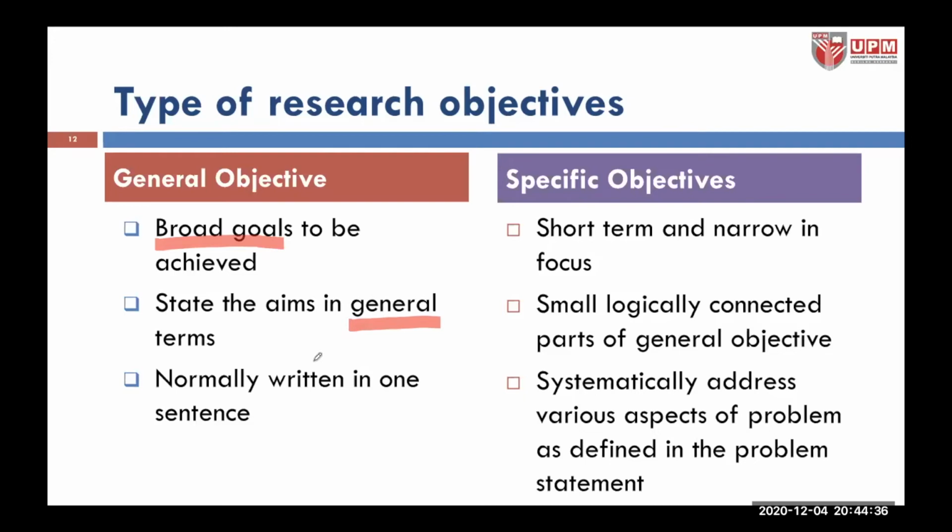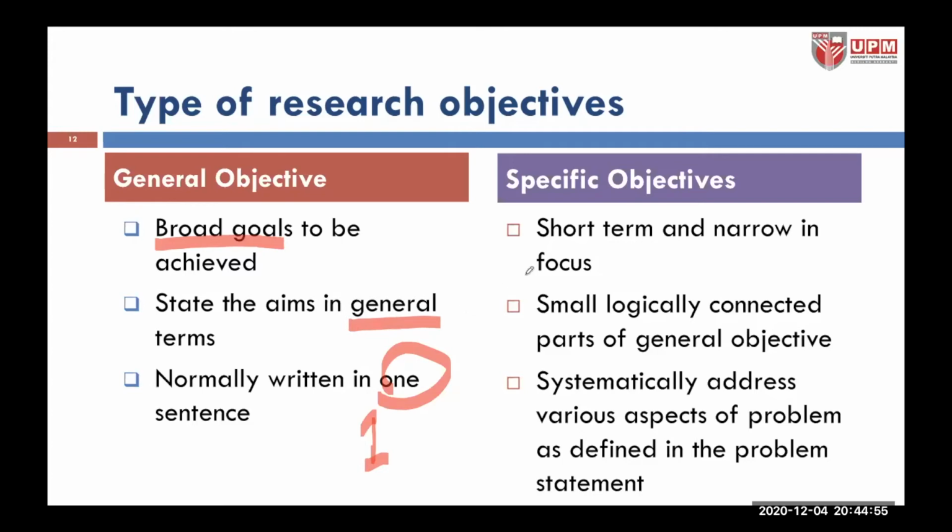It is just aims in general, and normally it is written in only one sentence. It is not that for a general objective you have two or three lines or a paragraph.